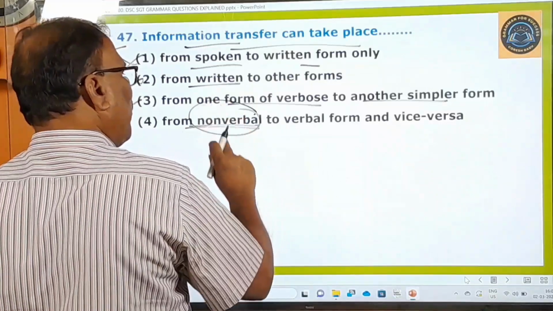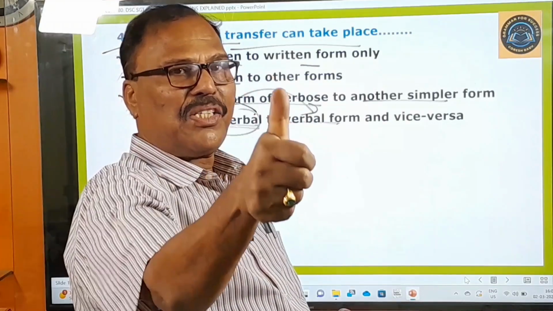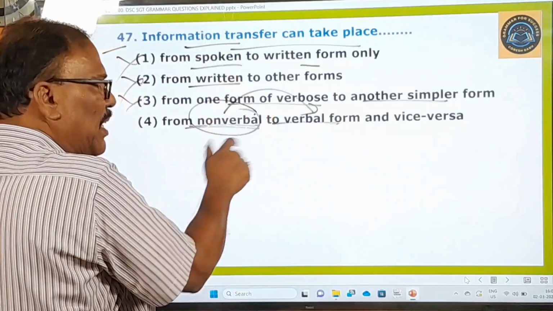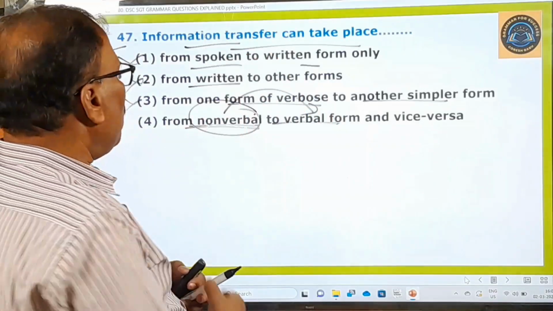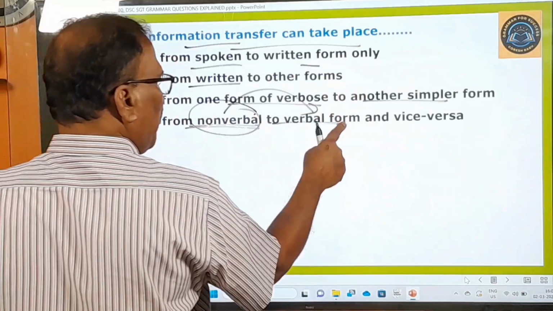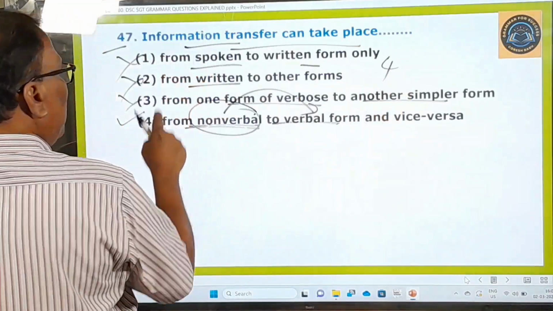These are all non-verbal things, and they can be changed into verbal forms. When I do this, you say it is very good. That means this non-verbal thing is turned into verbal form, and verbal form into non-verbal. So that's why information transfer can take place from non-verbal to verbal form and vice versa. So this fourth one is the right one, and the first, second and third are not right.